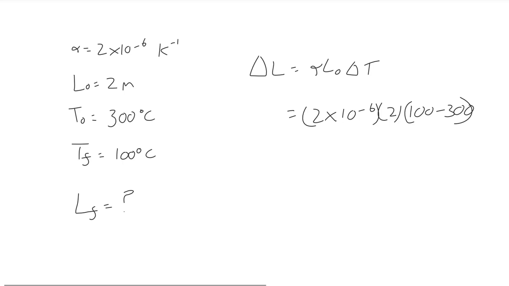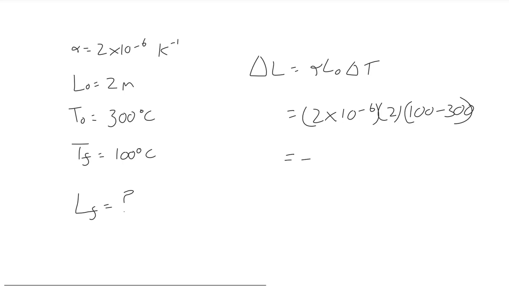Therefore, a temperature change in Kelvin is the same as a temperature change in Celsius. In other words, instead of having 100 minus 300 here, I should have 100 plus 273 minus 300 plus 273. Those 273s would cancel.